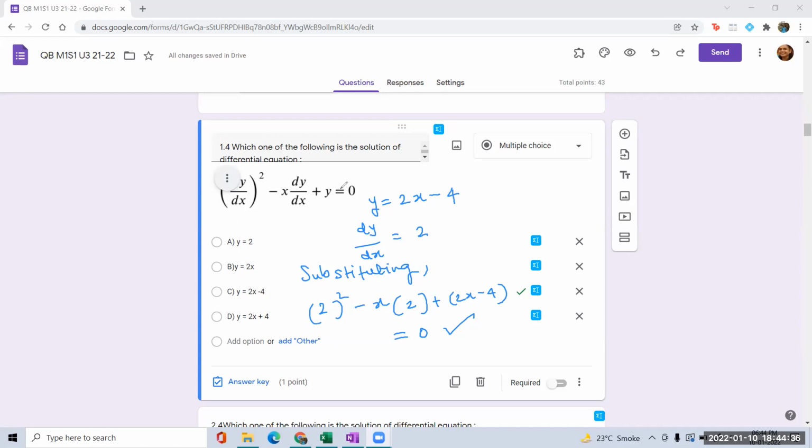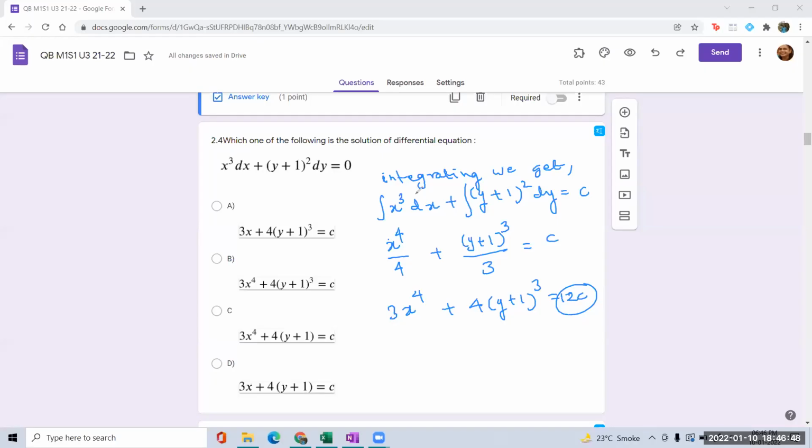Substituting in the given differential equation left hand side, you get 2 square minus x into 2 plus 2x minus 4, which on simplification gives you 0. So left hand side is equal to right hand side. That means answer C is satisfying the given differential equation when you differentiate and substitute it over here.